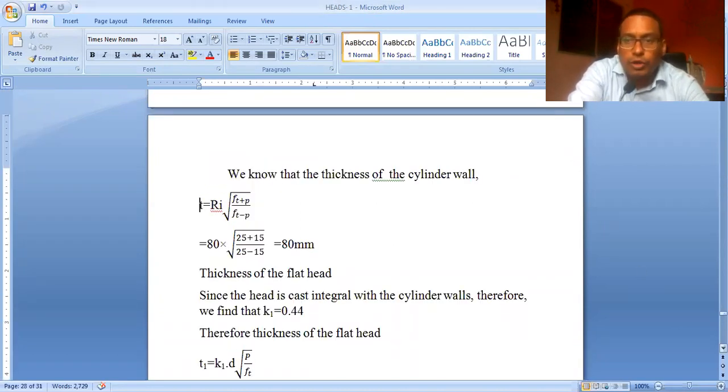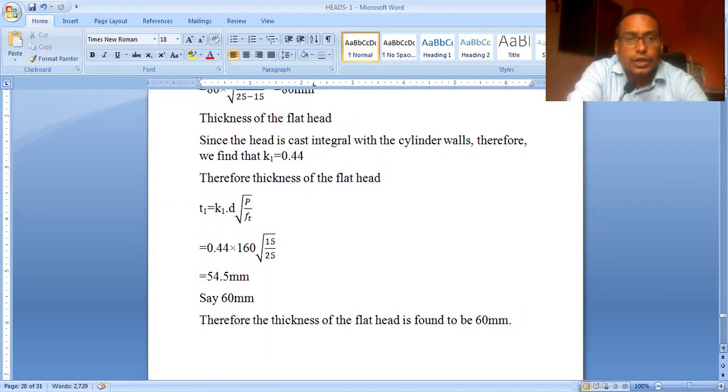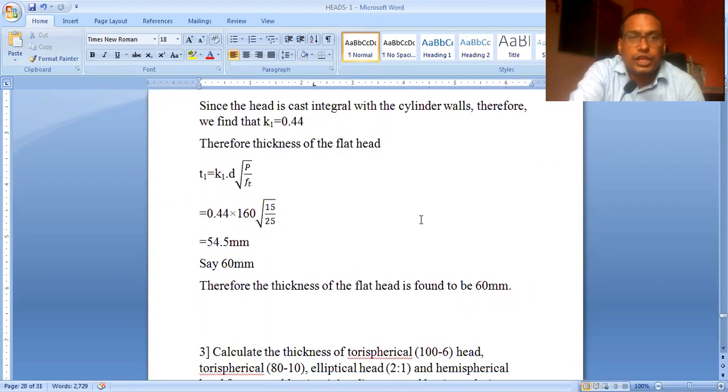Now our formula related to the calculation of thickness of a flat head is t equal to K or C into D under root of P upon Ft. Now this is the head which is cast integral with the cylinder wall.